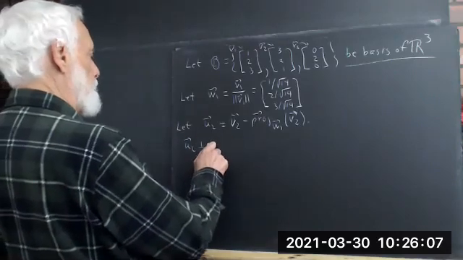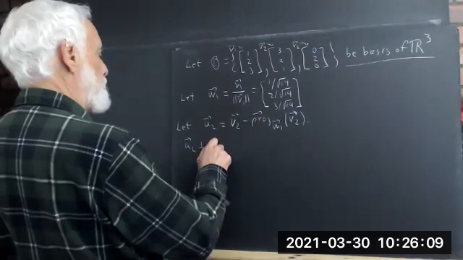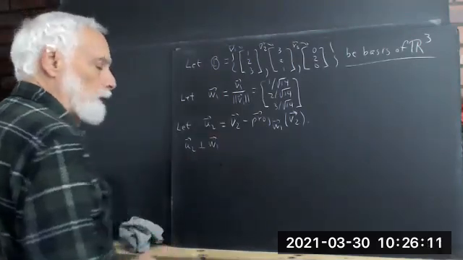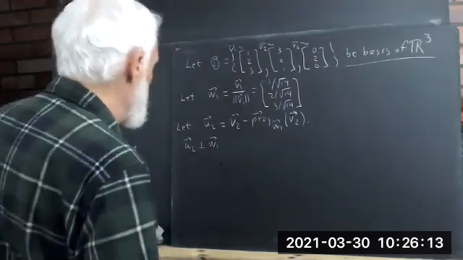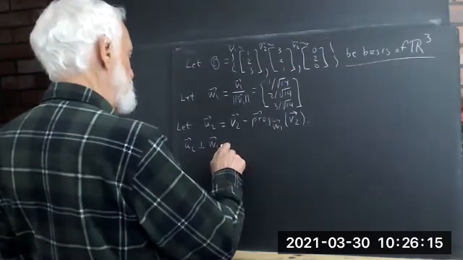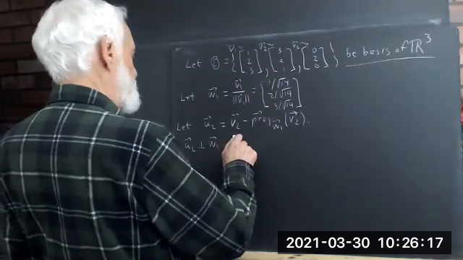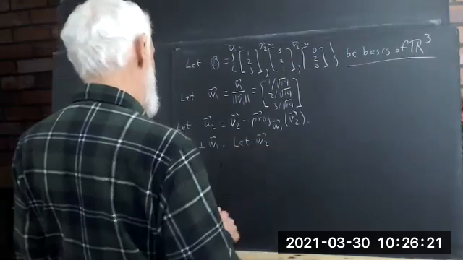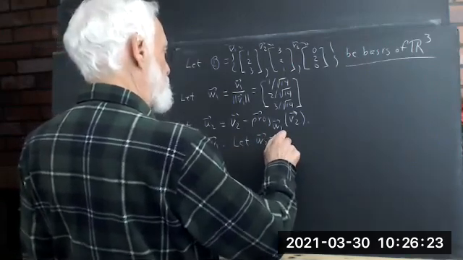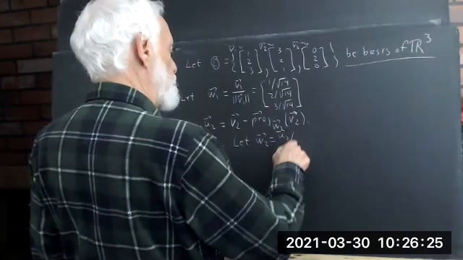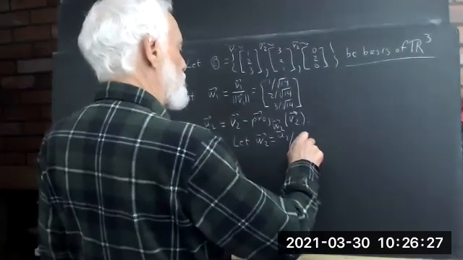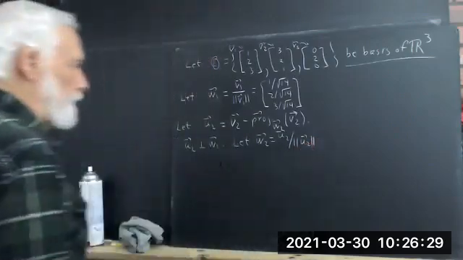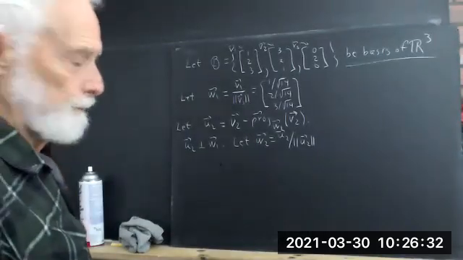Orthogonal to W1. We're going to let W2 equal U2 divided by the magnitude of U2.